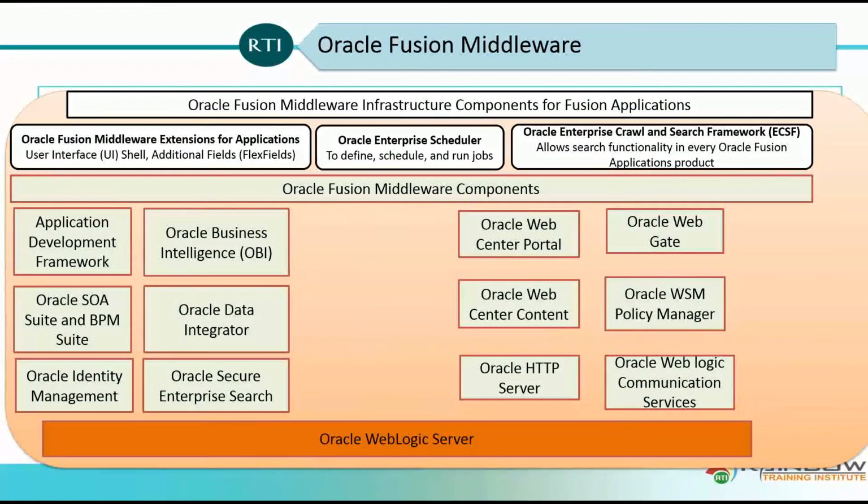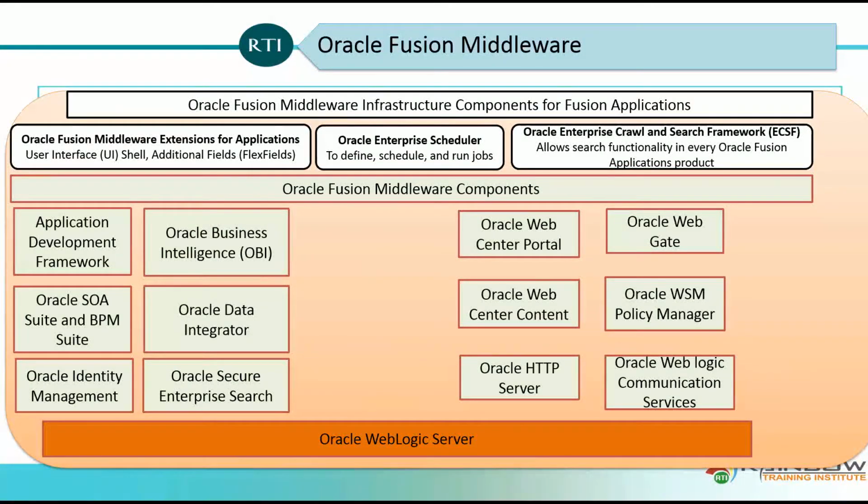Basically, whatever request comes externally to consume the web service should satisfy those security policies, and those security policies reside in this WSM policy manager, where you will write the policies to access any Fusion application page using web service, or write policies as per our company needs, and it will help us to avoid security threats and security breaches.